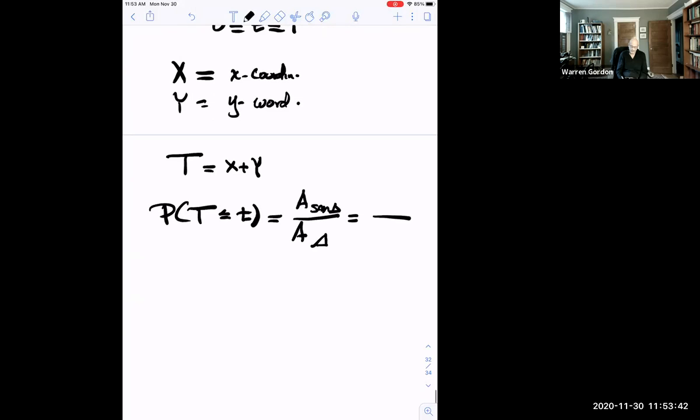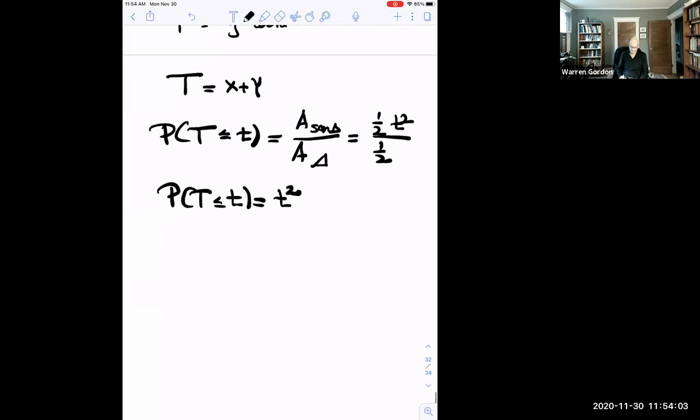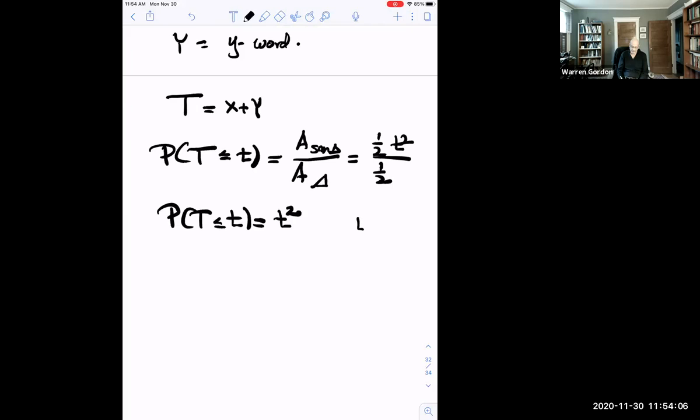So the area of the small triangle is 1/2 t squared, and the area of the large triangle is just 1/2. The probability that the sum of the two coordinates is less than or equal to t will just be t squared. Remember, t was x plus y. So the probability that the sum of the two coordinates is less than any number t, where t is a number between 0 and 1, is just t squared.